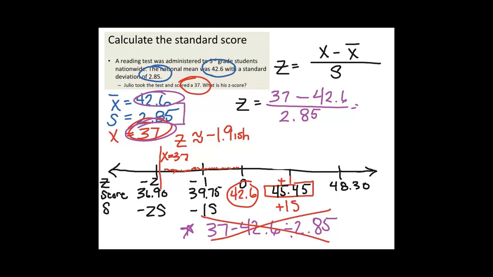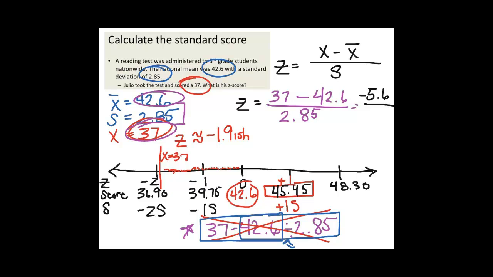And that's because your calculator understands the order of operations, and it knows that if you have in a string, so numbers after each other, if you have a choice between doing subtraction or division, it's going to do the division first, because that's the defined order of operations in mathematics. So to avoid the problem, simply do the top, hit enter, so take 37 minus 42.6, and that gives me a -5.6, and hit enter.